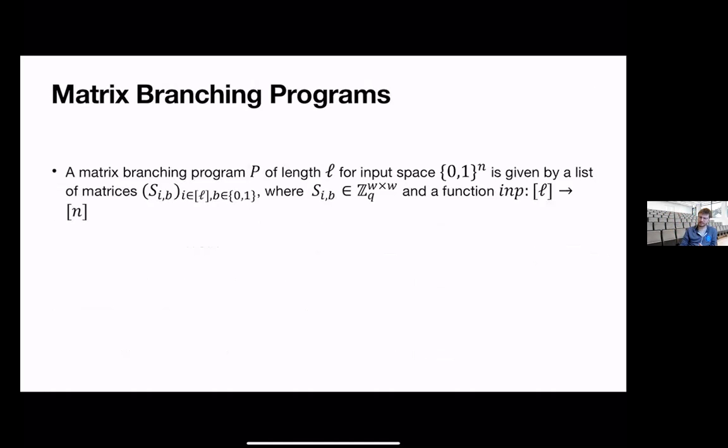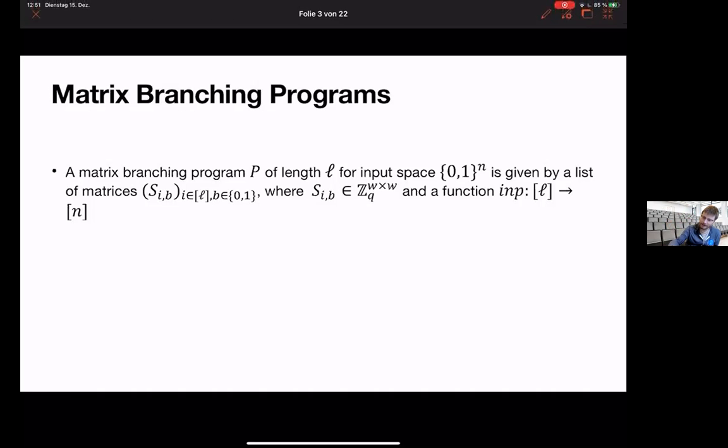So what's a matrix branching program? Such a program P of length L for input space {0,1}^n takes inputs from {0,1}^n. It is given by a list of matrices S_{i,b}. For every index i in L and bit b in {0,1}, you have a matrix S_{i,b}.